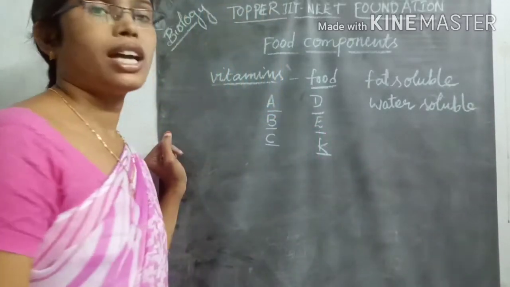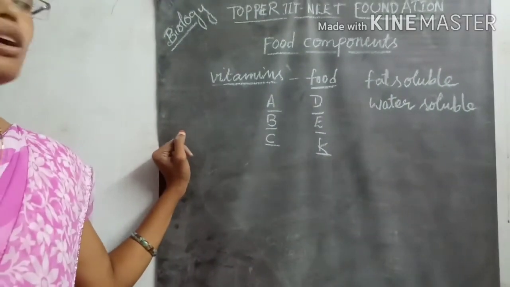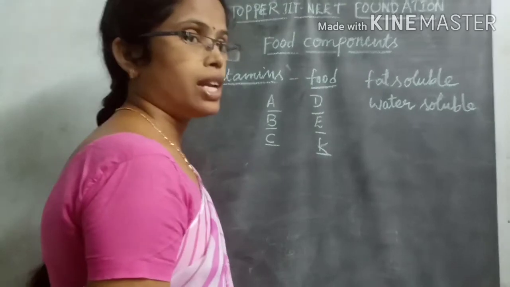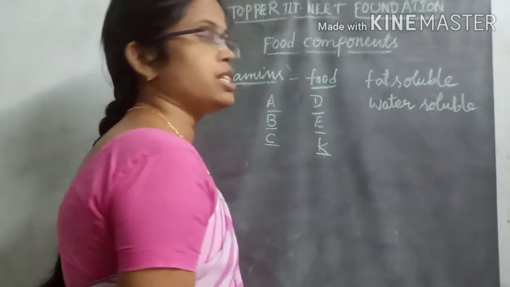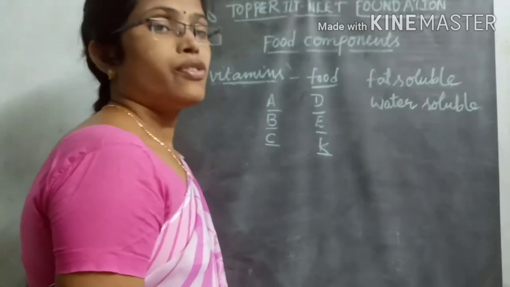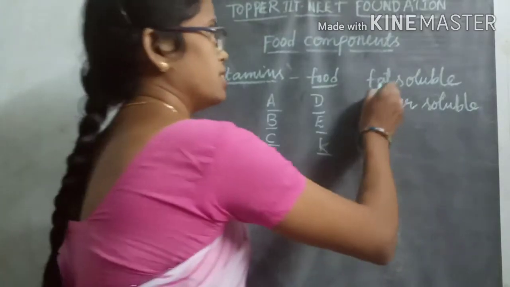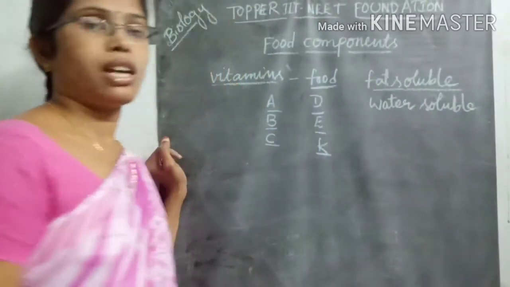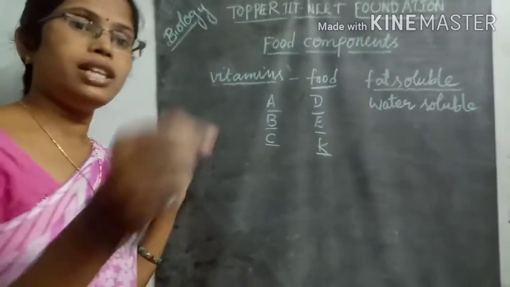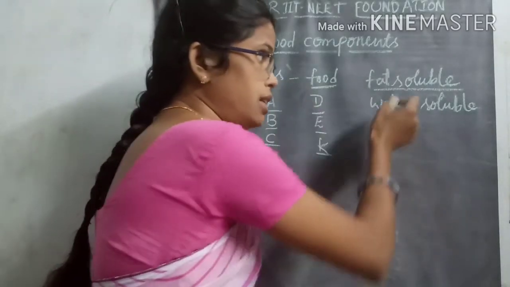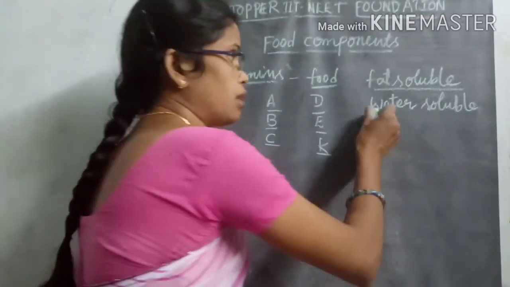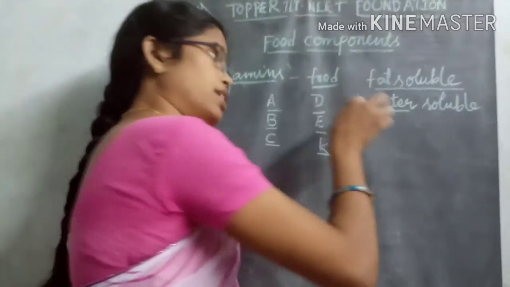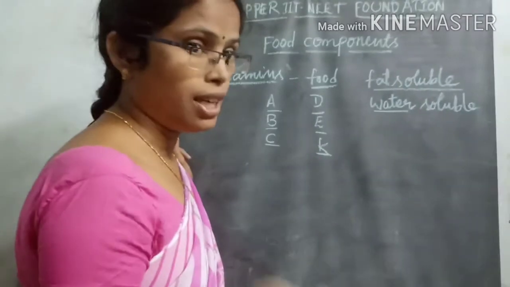In nature, we divide the vitamins into mainly two types. One is called fat soluble vitamins. The second one is called water soluble. These fat soluble vitamins are only soluble in fat, not soluble in water. These water soluble vitamins are only soluble in water, not soluble in fat.